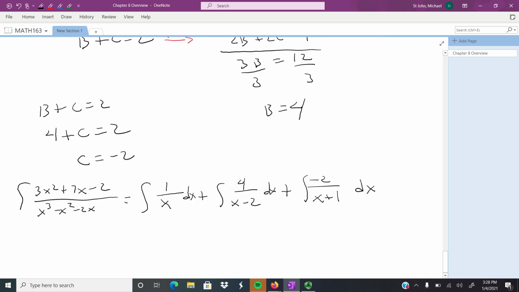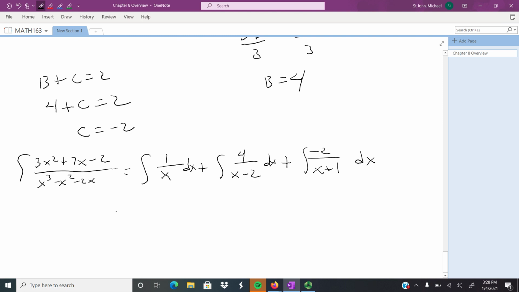So that'd be 1 times the integral of dx over x, plus 4 times the integral of dx over x minus 2, plus minus 2 times the integral of dx over x plus 1.